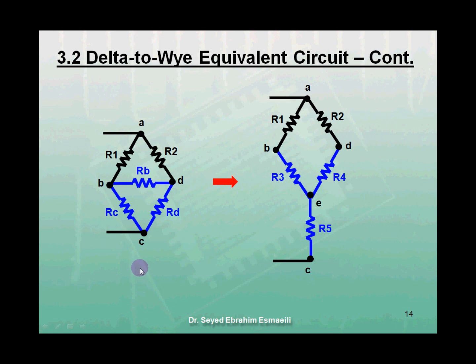These two figures illustrate how a delta-to-Y transformation can be used in order to simplify circuit analysis.